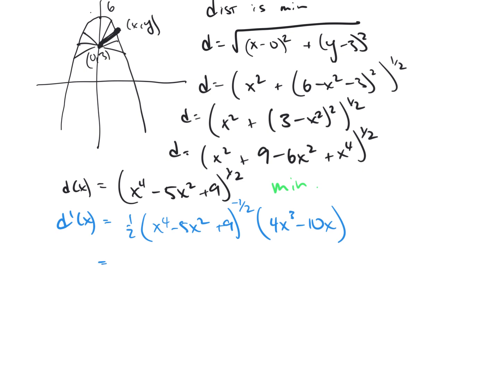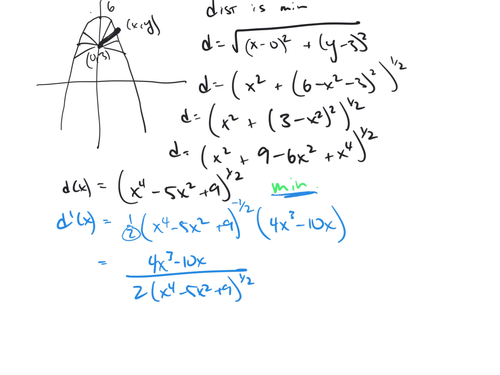And so this is equal to (4x cubed minus 10x) all over 2, that's this 2, times (x to the 4th minus 5x squared plus 9) to the positive 1/2.